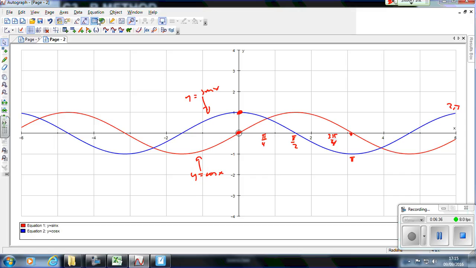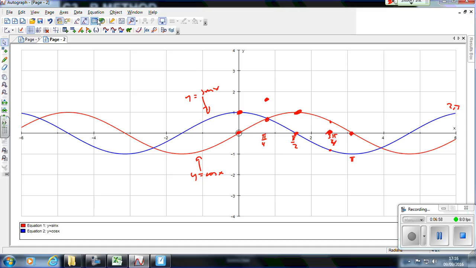So 0 plus 1, that's 1. Here we know cos of pi by 4 and sine of pi by 4 is 1 over root 2. Times that by 2, that's 1.4 something. Here, we got 0 plus 1, so there's 1. Here we got about 1 over root 2, subtract 1 over root 2, so that's 0.